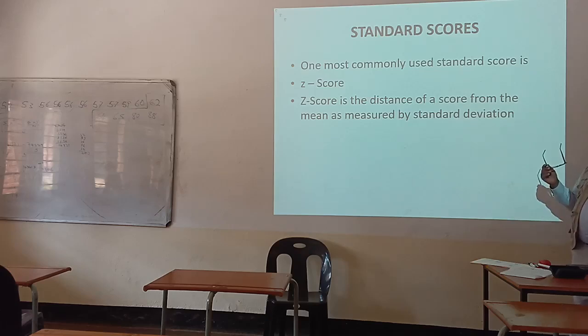And one of those scores we use is referred to as a z-score. A z-score is defined as the distance of a score from the mean, measured by the standard deviation.